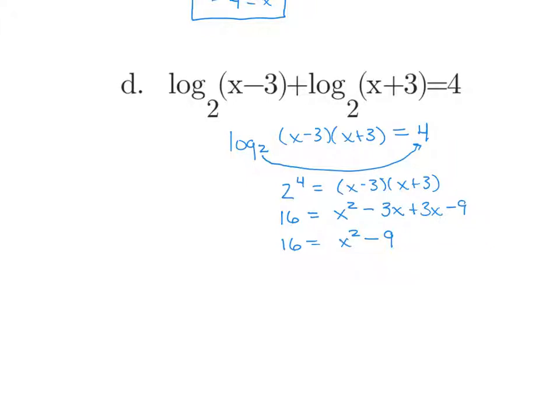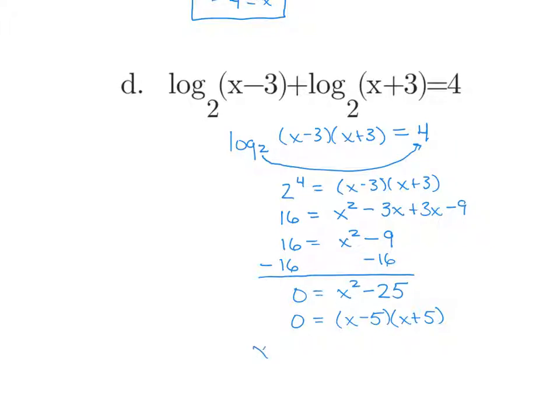This is quadratic, which means I need to move everything to one side of the equation. So I'm going to subtract 16 from both sides. I get 0 equals x squared minus 25. And now I can go ahead and factor this. This is difference of squares. So we get x minus 5, x plus 5.